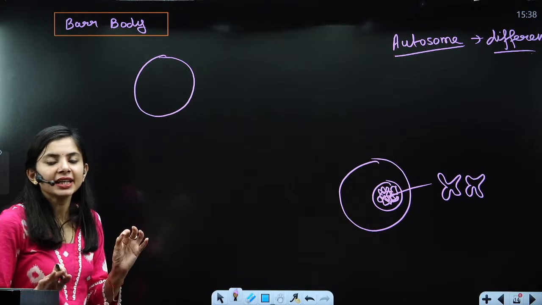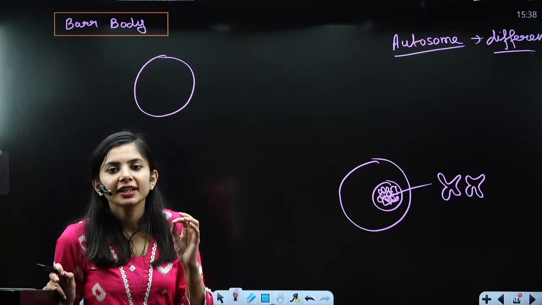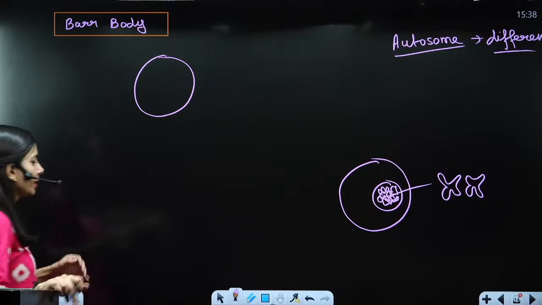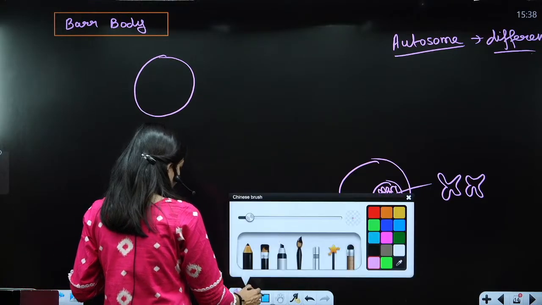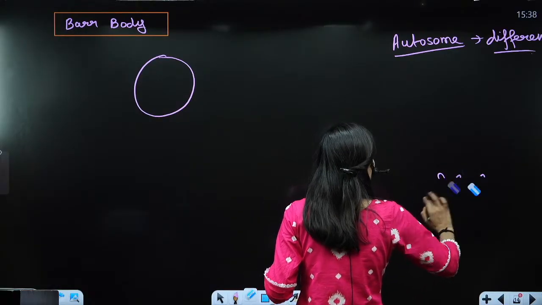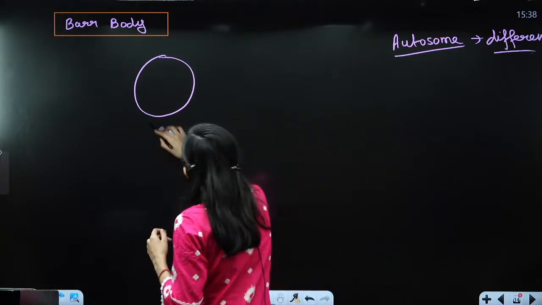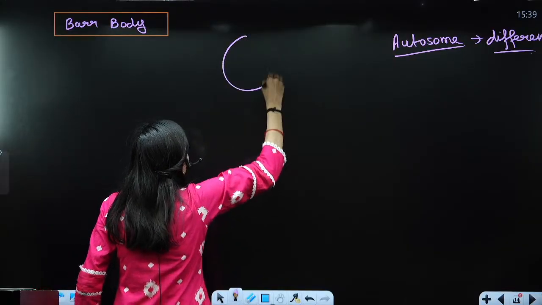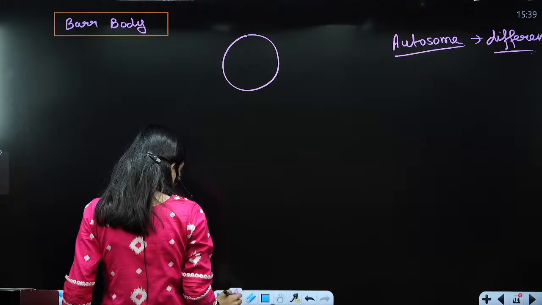And where is this inactivated X chromosome found? It is found in the female nucleus. Let me just write it down first. I hope you have understood this reference. Let us suppose this is the chromosome.